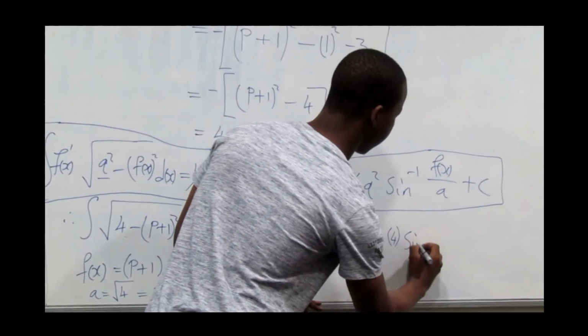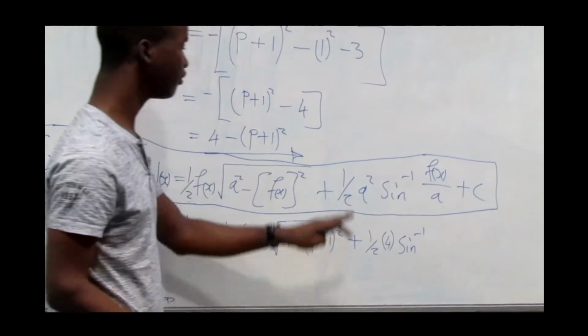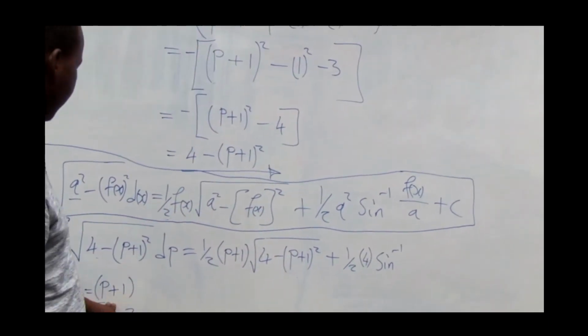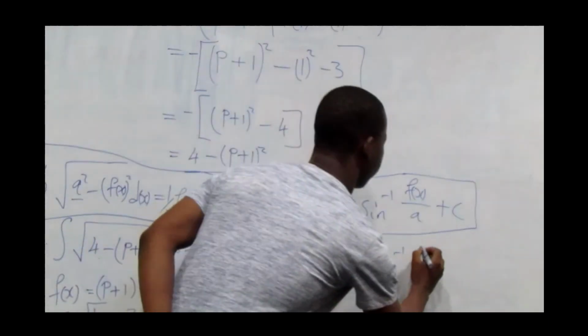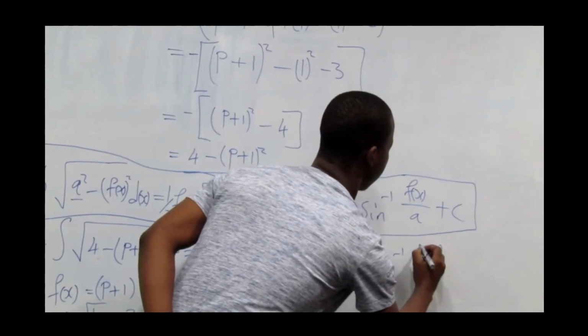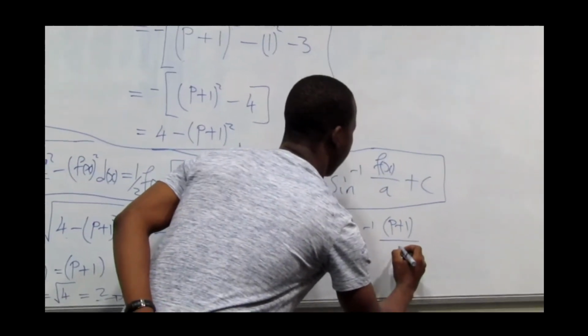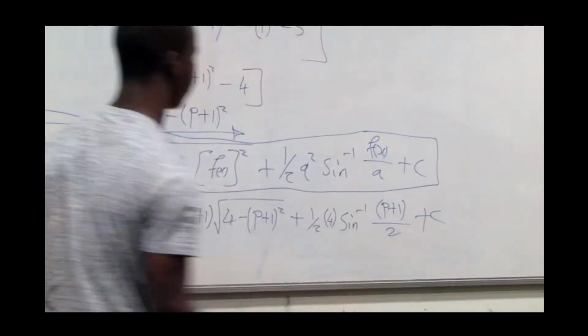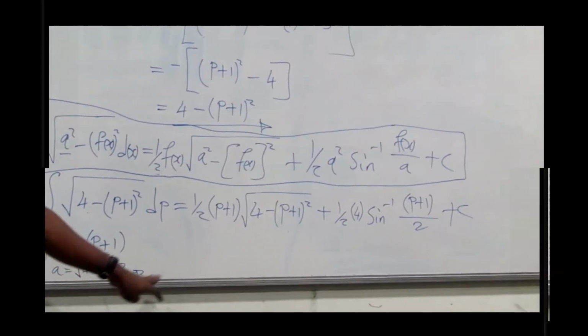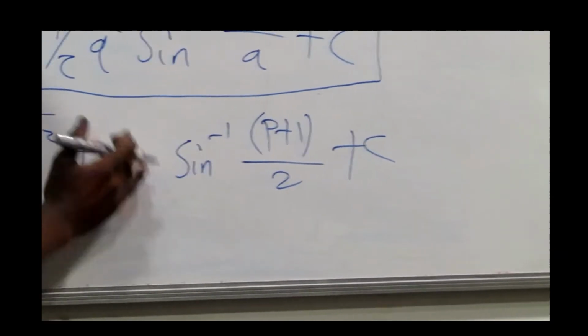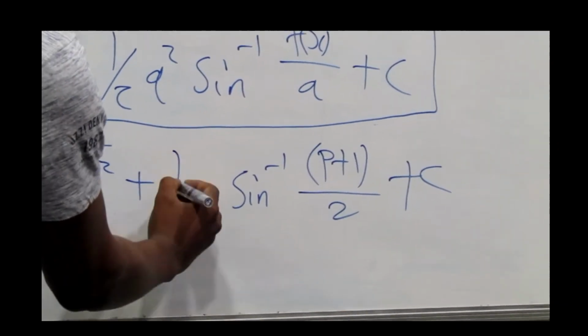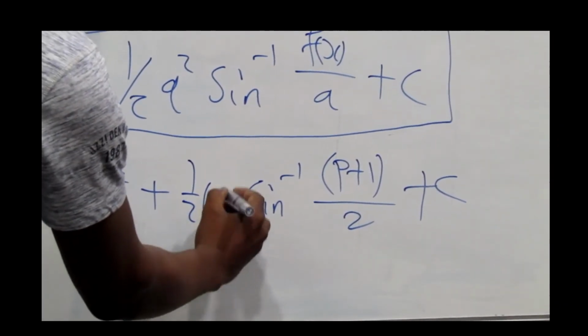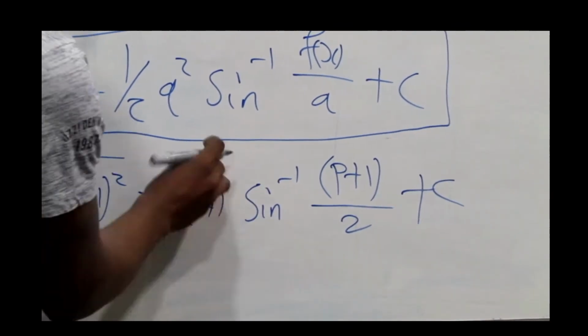Then sine inverse of f of x, which is p plus 1, divided by a, our a is 2, plus c. Then half a square, which was 1 over 2 times 4, when you simplify this, we are going to get 2.